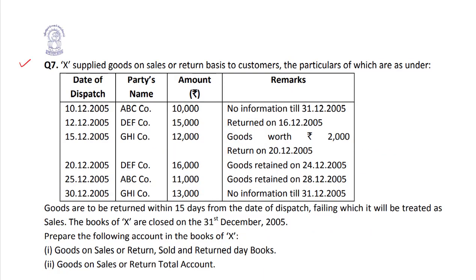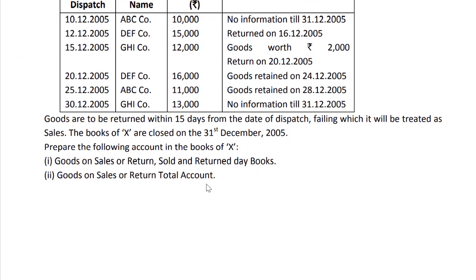Question 7. X supplied goods on sale or return basis to customers, the particulars of which are as under. The date of dispatch, party's name, amount, and some remarks are given. So on 10th December 2005, ABC Company Limited, the amount is 10,000, no information till 31st December 2005, and so on.